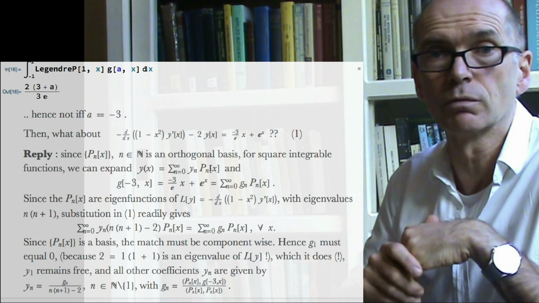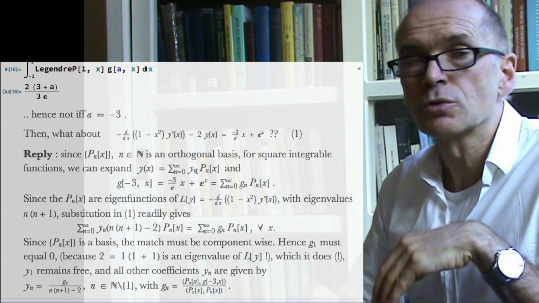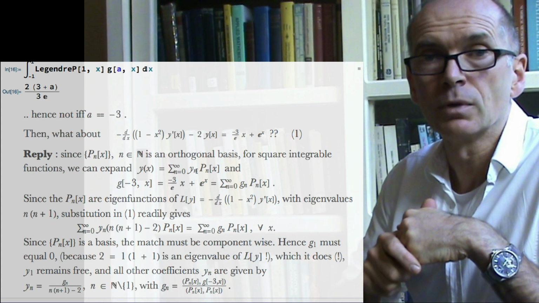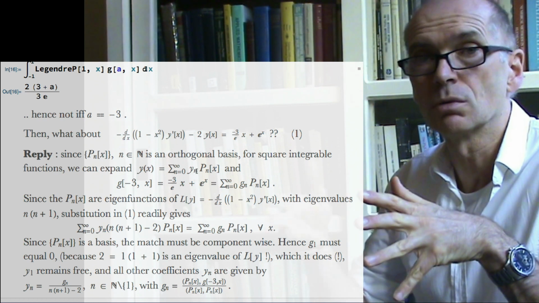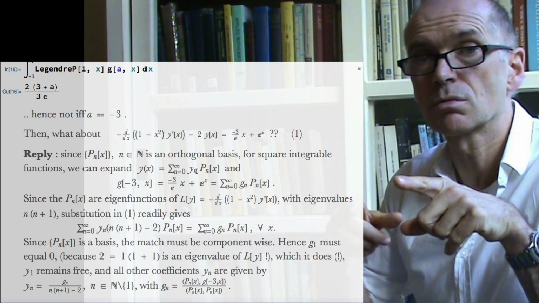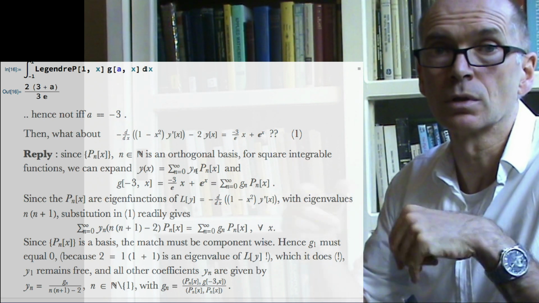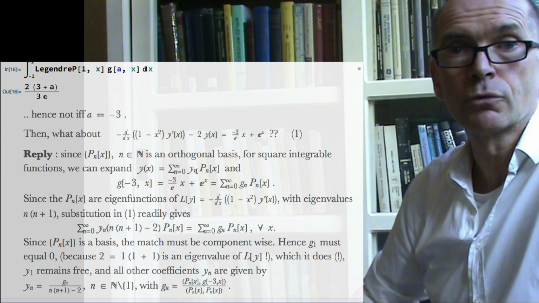And the coefficients of that I call y subscript n. So y subscript n is the nth coefficient in the expansion, the Fourier-Legendre series of y of x in terms of Legendre polynomials. I find that a convenient notation.